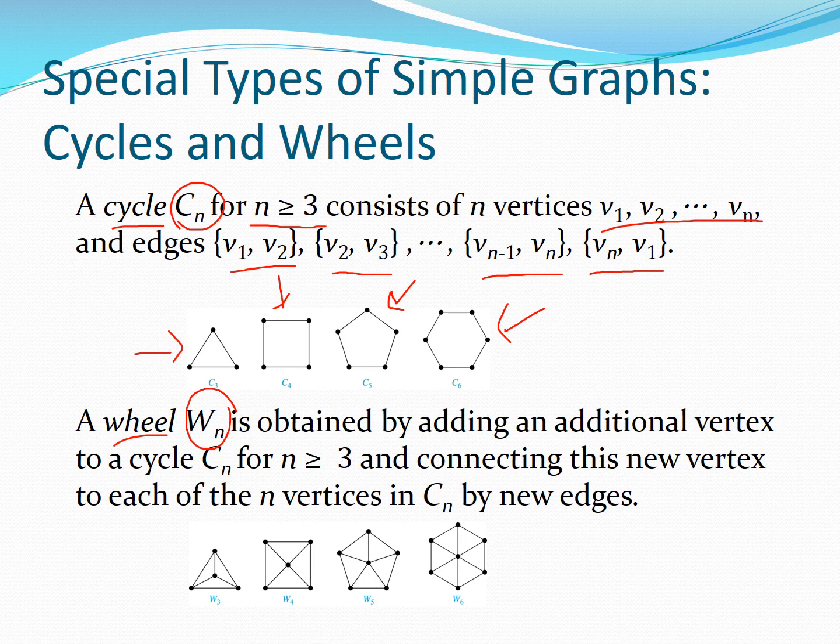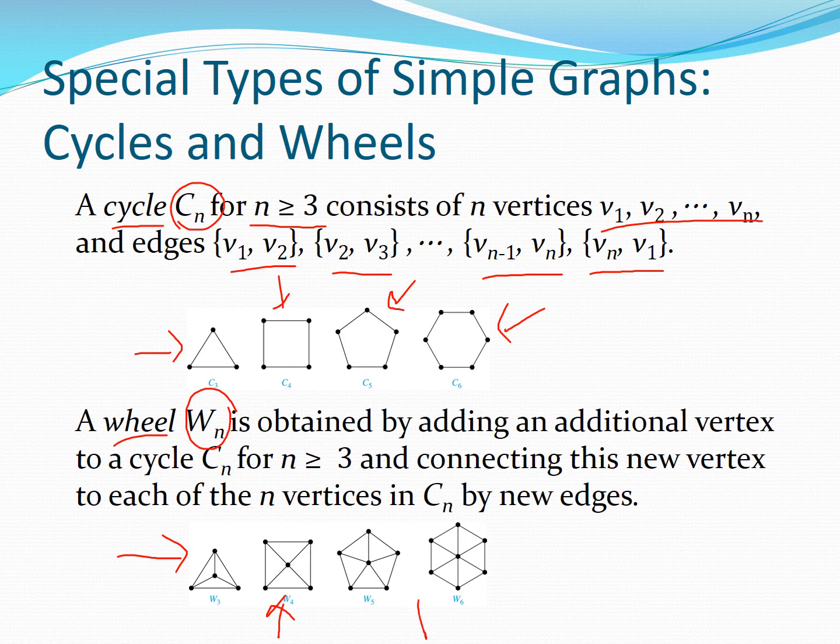Here is an example of a wheel with 3 plus 1 vertices. That plus 1 vertex is the one in the middle, which connects with an edge to every other vertex in your graph. Here is W4, which contains 4 plus 1. The plus 1 is in the middle, connecting to every other vertex with an edge.